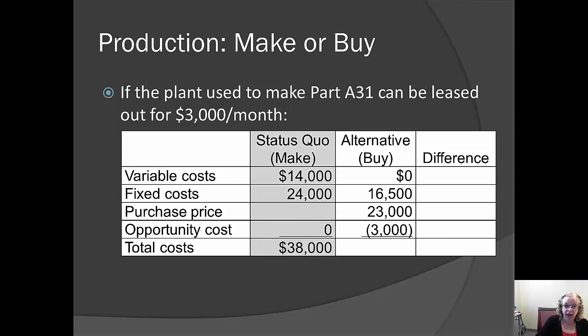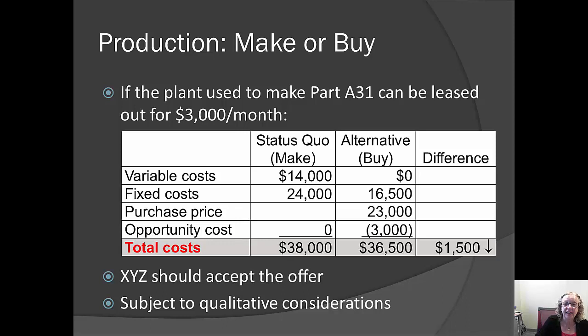In this way of analyzing the situation, there is no opportunity cost to make the part, so our total cost is $38,000, and the $3,000 of rent reduces the cost to buy the component to $36,500. However, the difference is exactly the same. It costs less to buy than it does to make the component, subject to qualitative considerations.